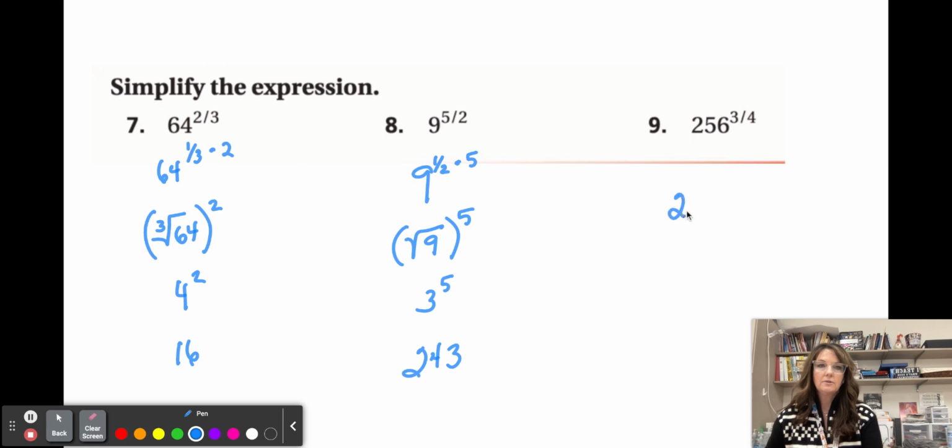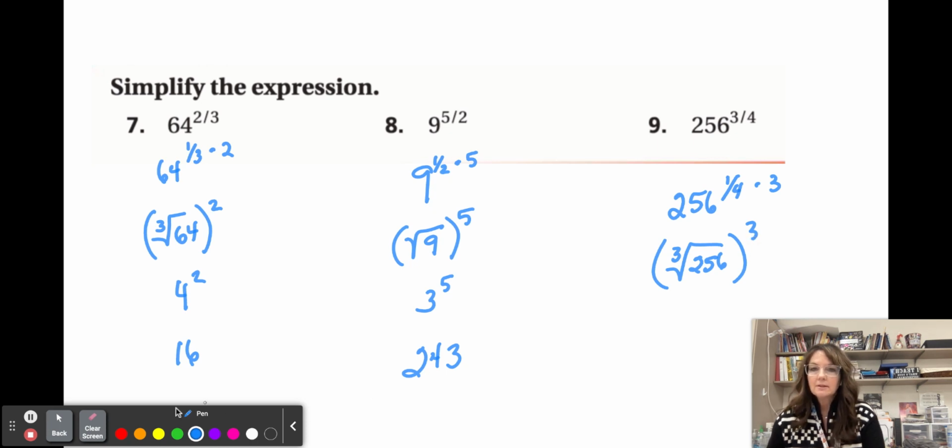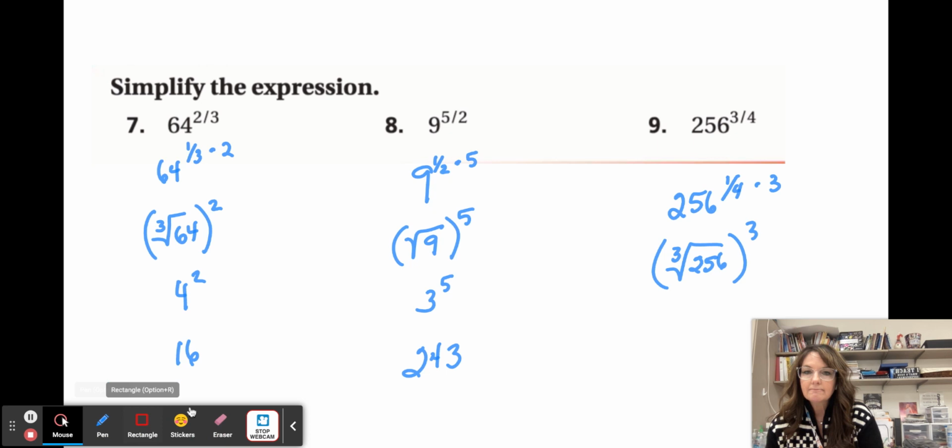Here we have 256 to the 1/4 power times 3. So we'll take the cube root of 256, and I'm assuming that you're using your calculator to do these calculations. Then, oops, I just wrote that backwards. Where's my little eraser?